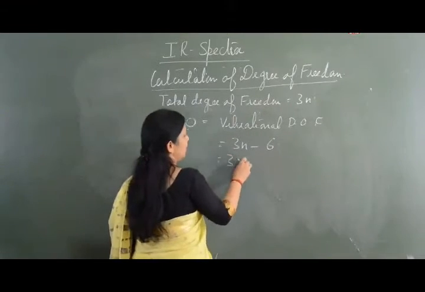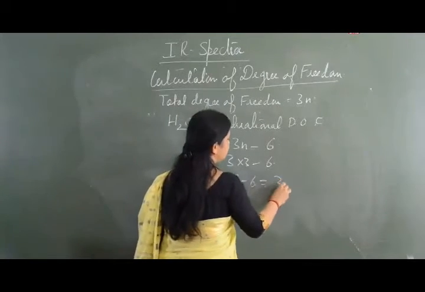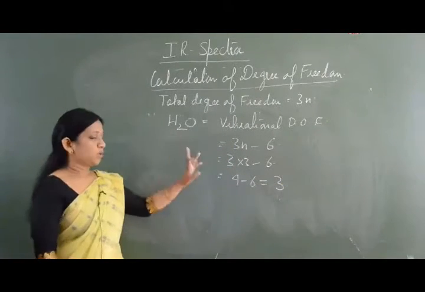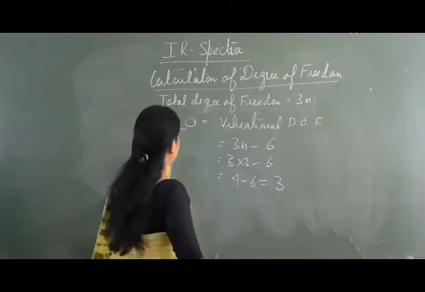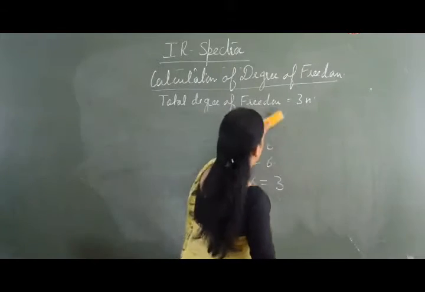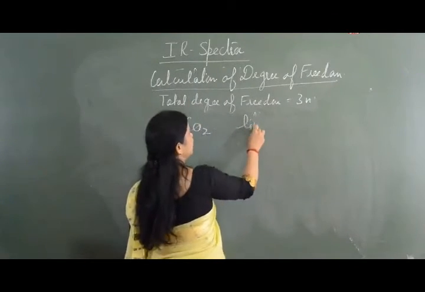So this is 3 into 3 minus 6, so 9 minus 6 is equal to 3. So water is going to have 3 vibrational degrees of freedom. Similarly, if we come to carbon dioxide, CO2, CO2 is a linear molecule.